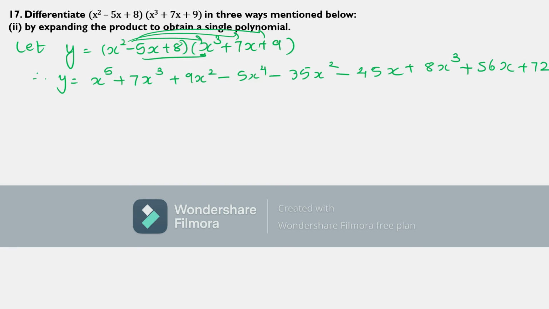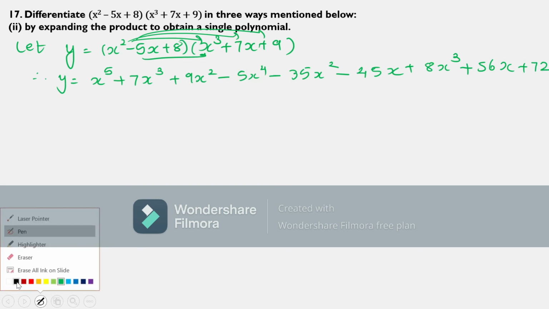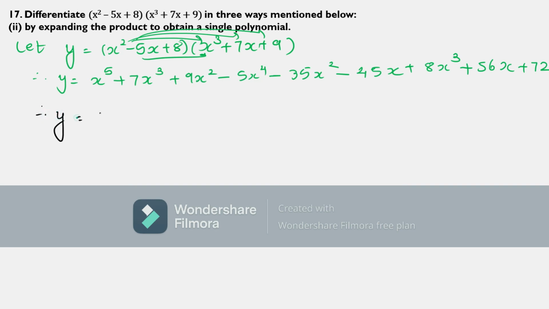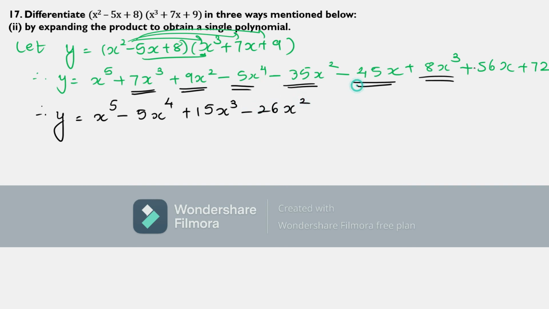Okay, let us write it in a simpler form. So we start with x to the power 5. The 4th power term is only one, so minus 5x to the power 4. Now for the cube, 7x cube and 8x cube make plus 15x cube, then x square: plus 9 minus 35, so minus 26x square, then x: minus 45 plus 56, so plus 11x and plus 72.